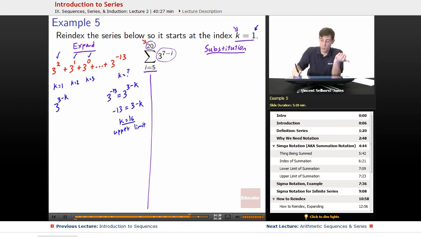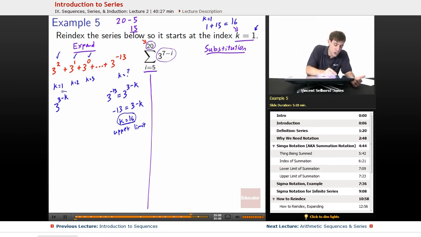We can also figure it out once again from our starting upper limit of 20 and our starting lower limit of 5, which means there's a difference of 15. So if we have k equals 1, then 1 plus 15 has got to come out to be 16 as well. So that's going to be our upper limit. Two ways of looking at it. Either way, just make sure you're careful with this sort of thing. It's easy to get confused the first few times you work with it.